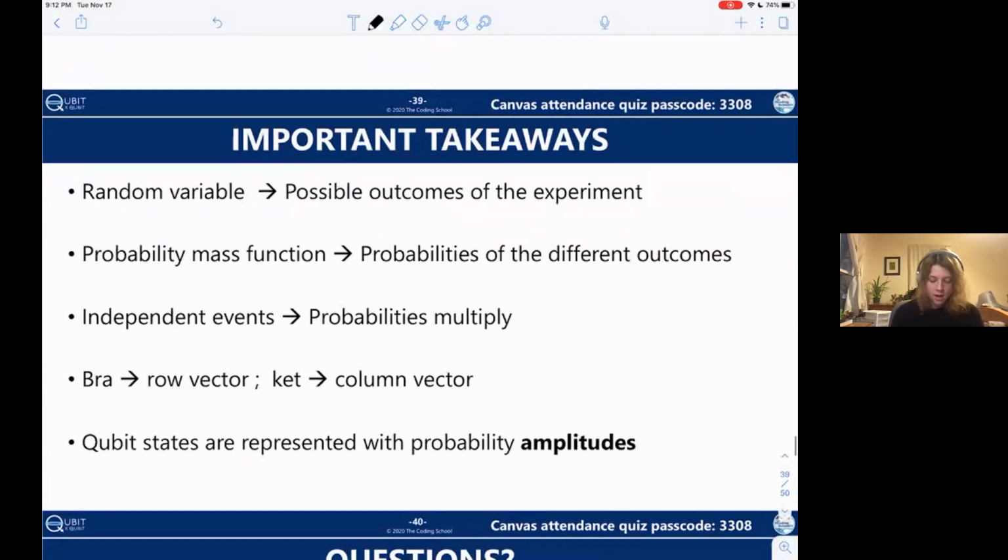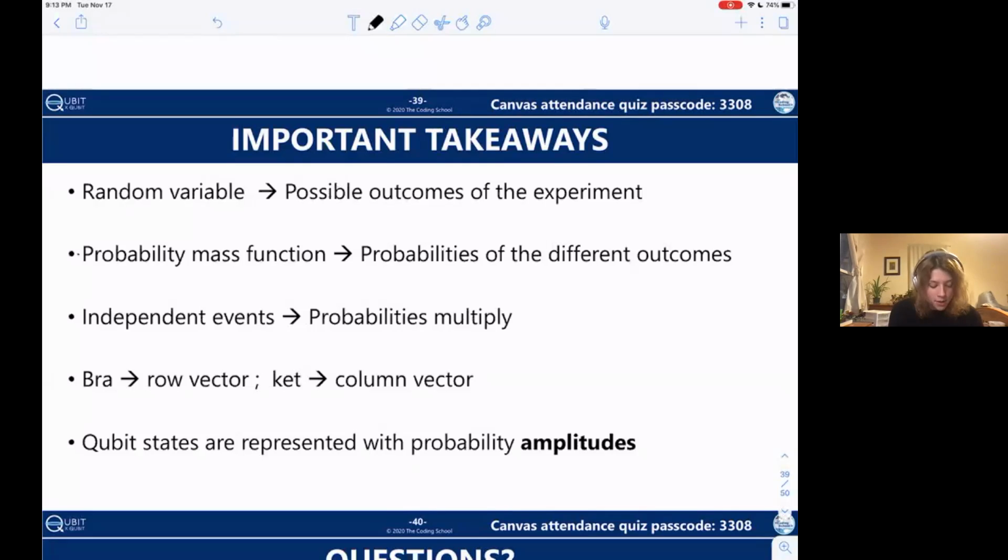So here are our important takeaways for this. I know we're not even quite 15 minutes over, so it's not too terrible. Our random variable is our descriptor of all the possible outcomes of whatever we're trying to do. We always like to put these as numbers, because that allows us to do mathematics on these states and represent these states numerically, which gives us a lot of extra power.